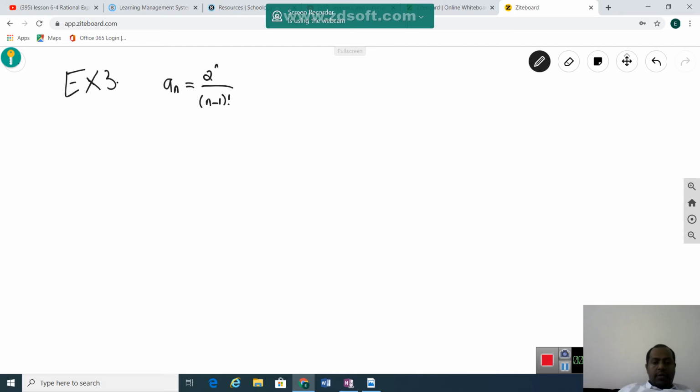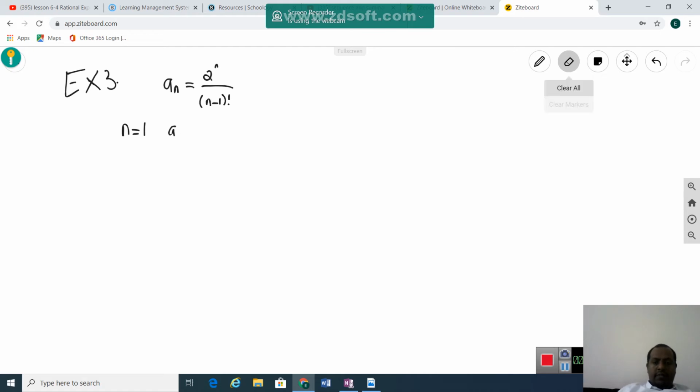So what we need to do, again, is plug the values of n into the general formula.